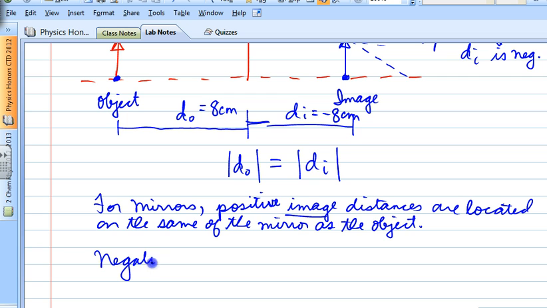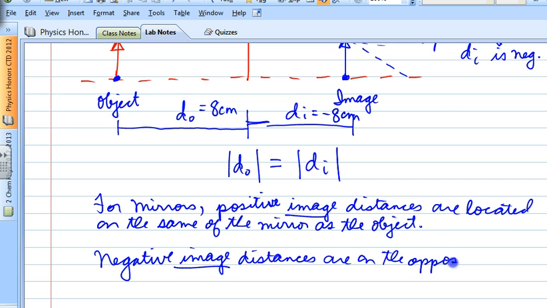So negative image distances are on the opposite side of the mirror, and again, this is the opposite side of the mirror from the object.